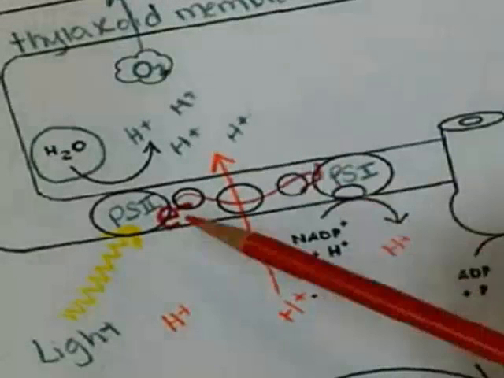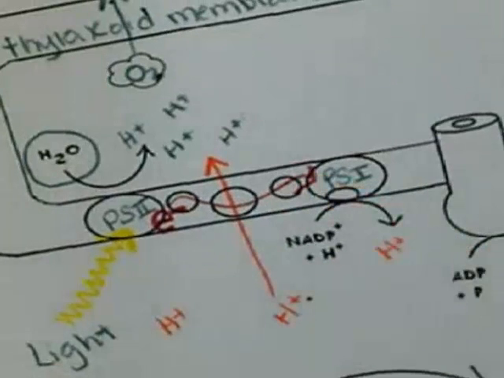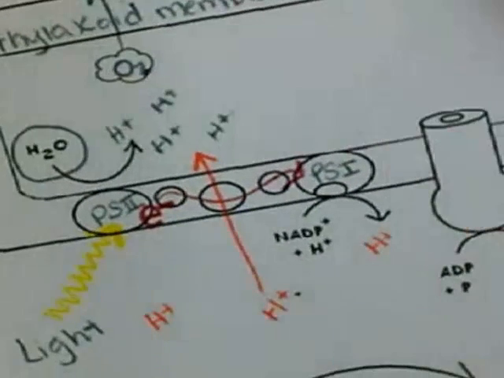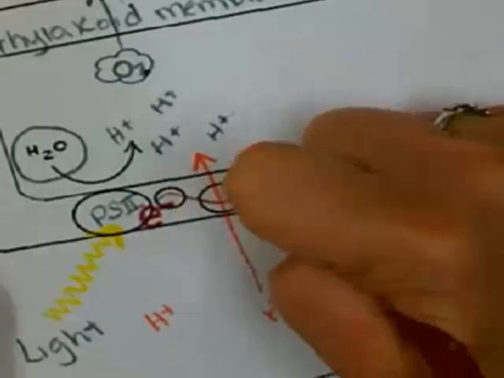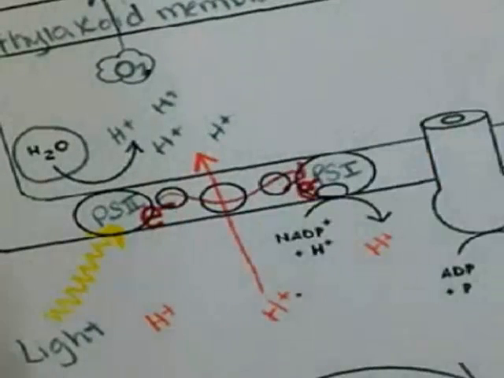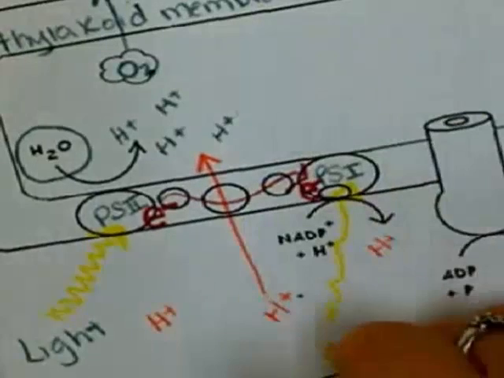So as the electrons travel through the electron transport chain, we're also losing energy. So once we get to PS1, our electrons, we need to excite them again. Okay, so we need to go ahead and zap them with some more light energy.